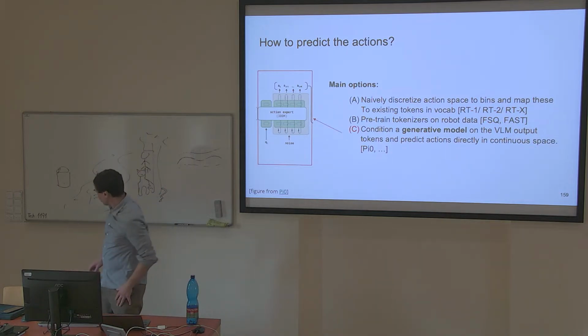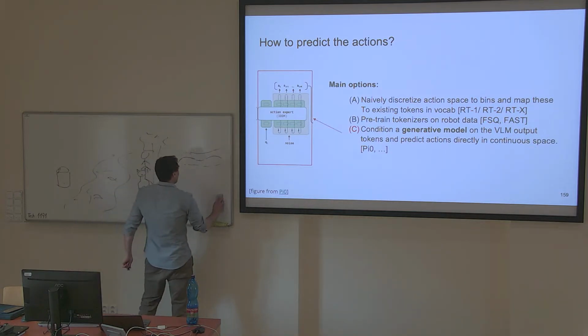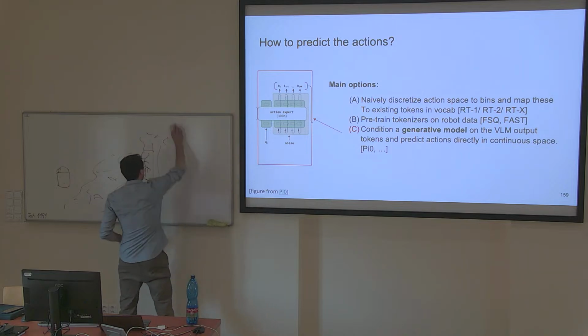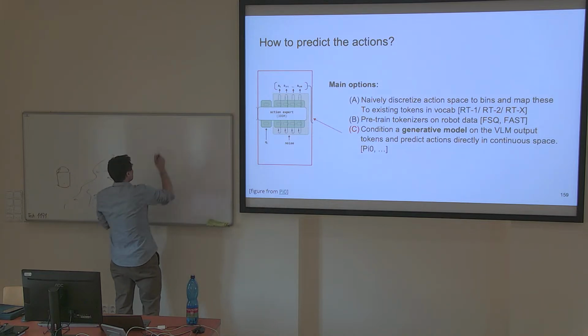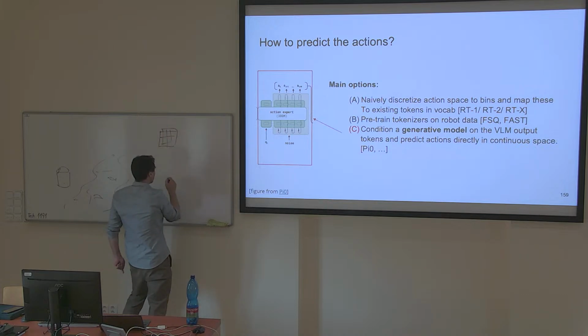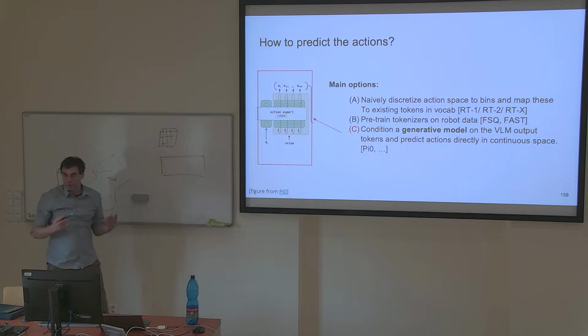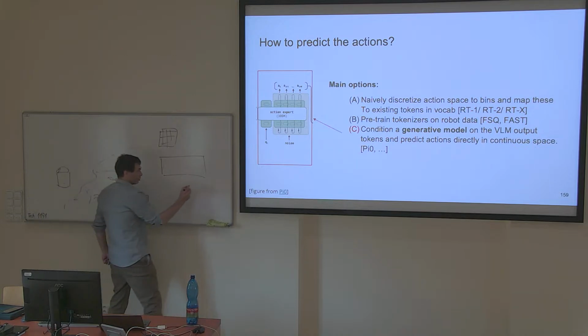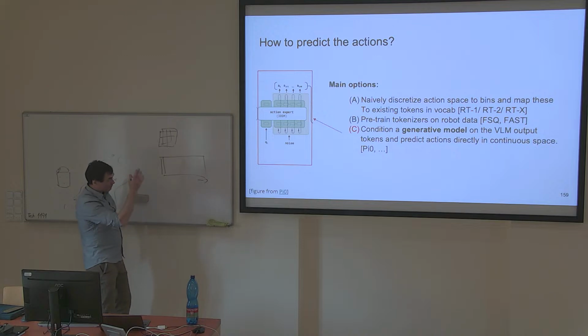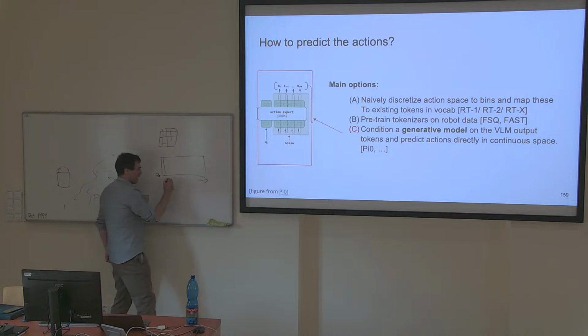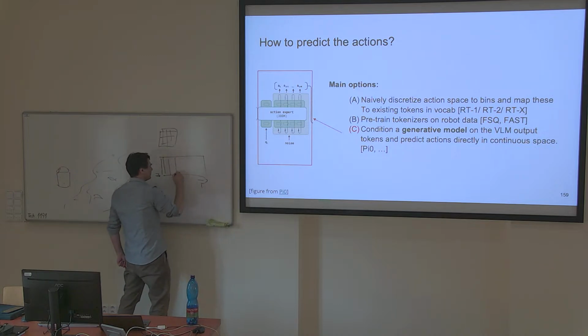In images, I will draw this. In images, we were diffusing an image, which was a matrix of pixels in some latent space. Here, the output is a trajectory of the robot over time. So you also have a matrix, but over time, and each column is, if you have a 7 degrees of freedom robot, 7 DOF at different timestamps.